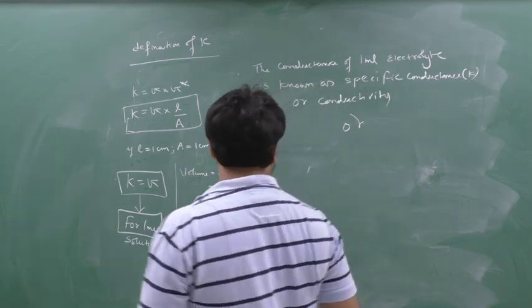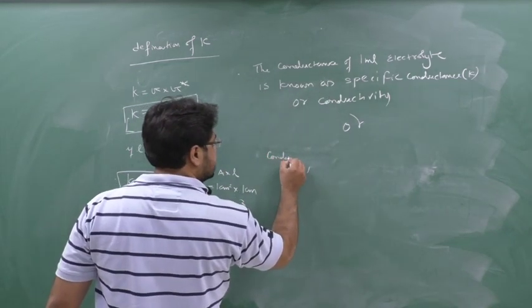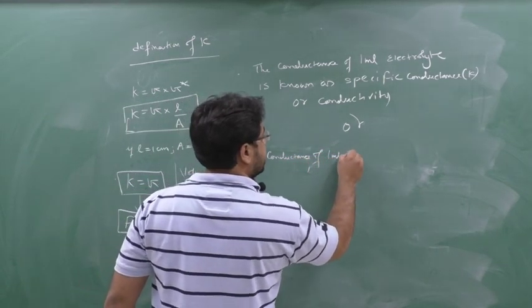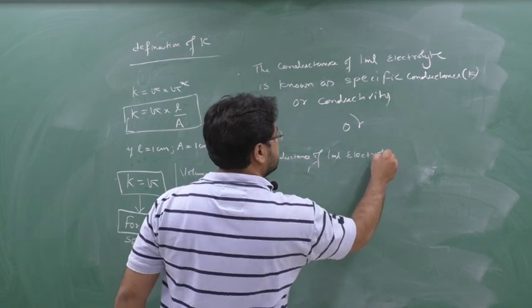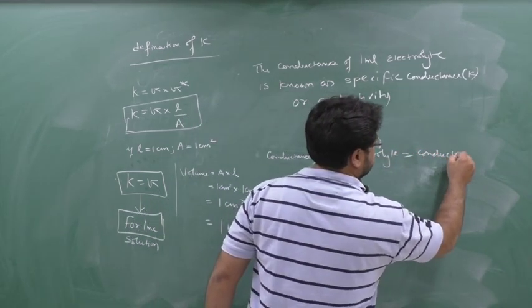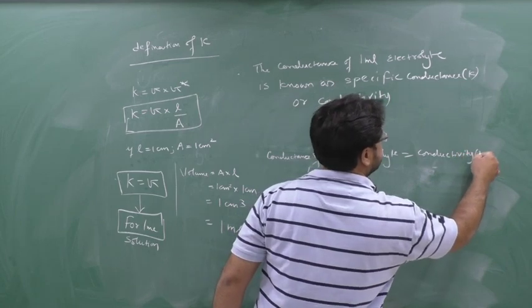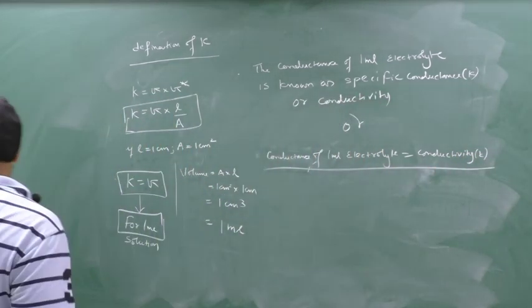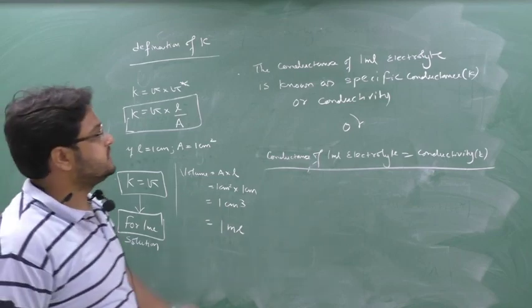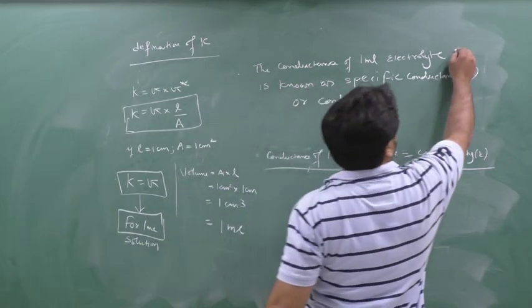In simple terminology I can say the conductance of 1 ml electrolyte is conductivity. Yes or no? In simple terminology I can say like this, that conductance of 1 ml of electrolyte solution is known as conductivity. You can say conductance of 1 ml electrolyte solution.